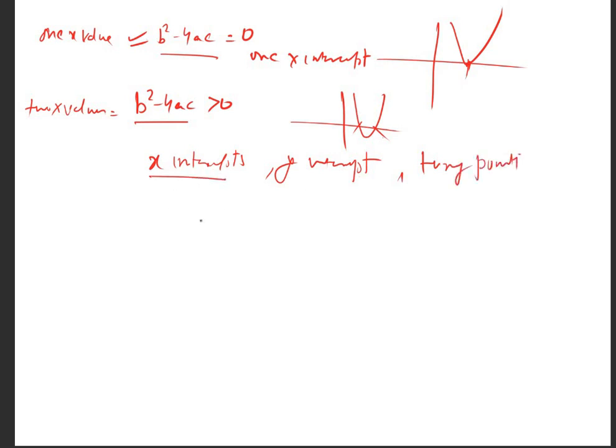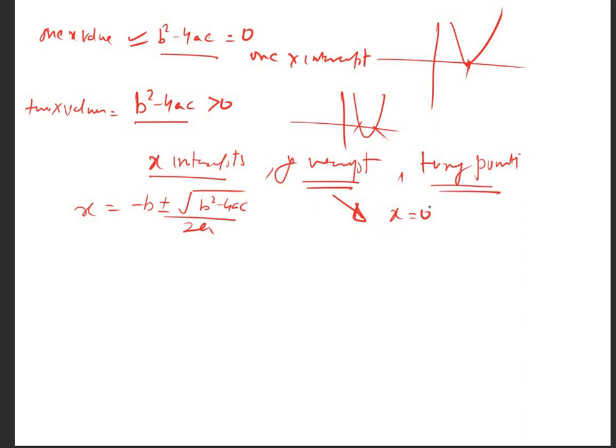I just told you how to find the x-intercept. You plug this formula in. You get two values of x in case there are two intercepts. Now, how do you get the y-intercept? For the y-intercept, you plug in x equals 0, and you find the value of y.